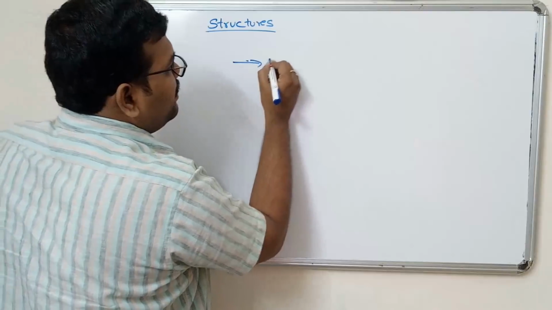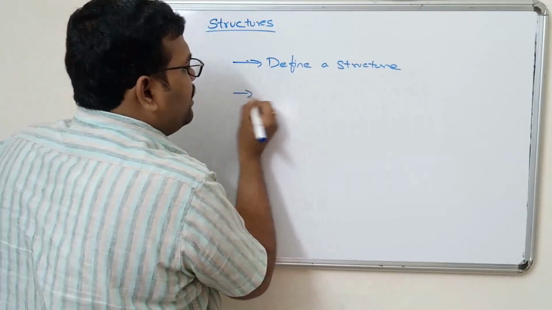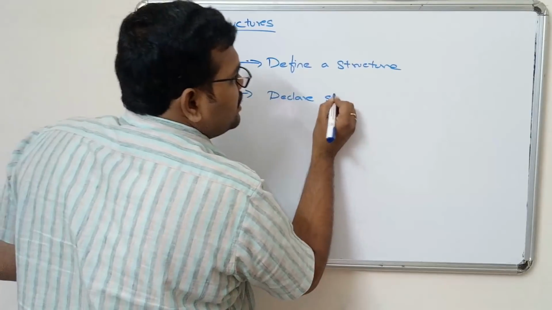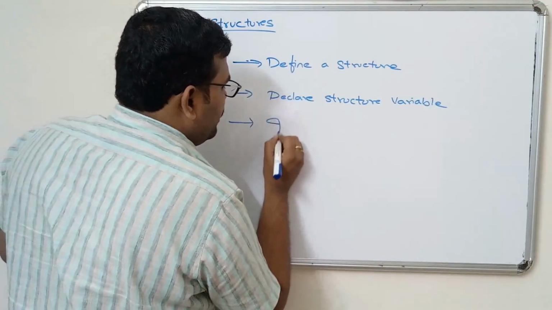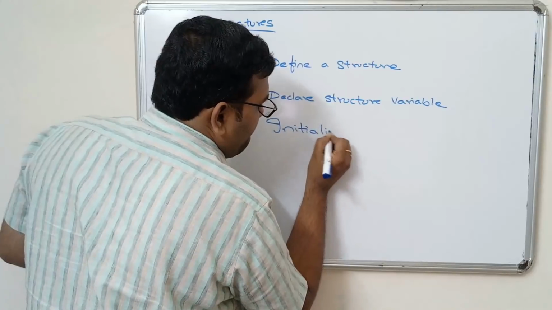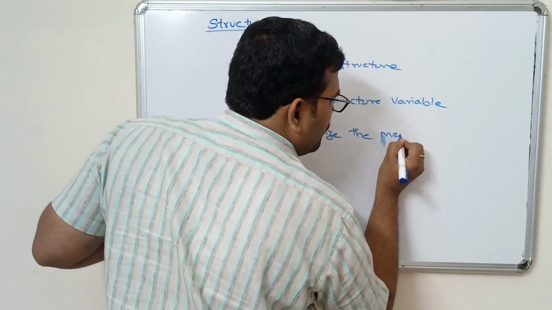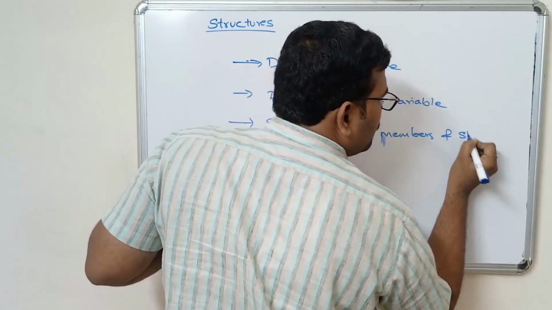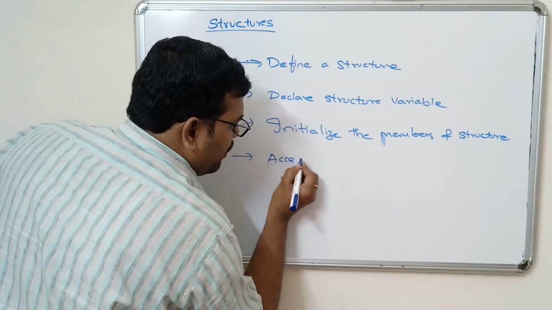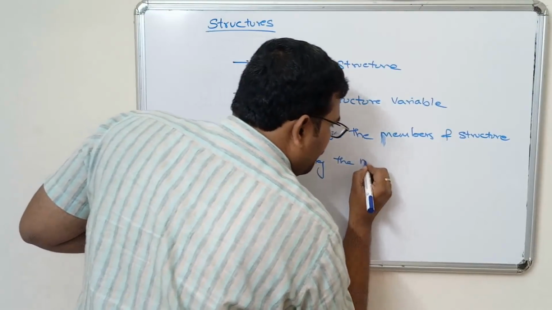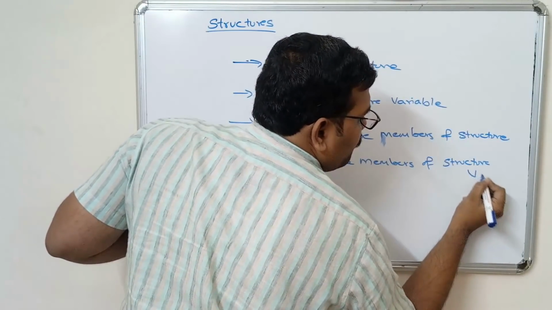First we have to define a structure, and then declare a structure variable, and then initialize the members of the structure, and then access the members of the structure variable.